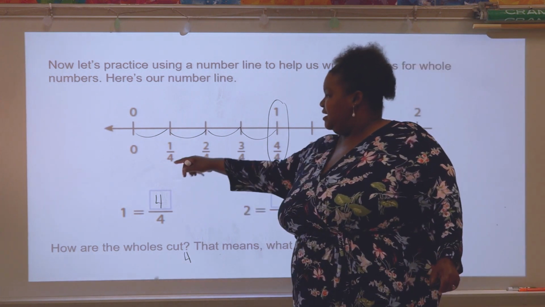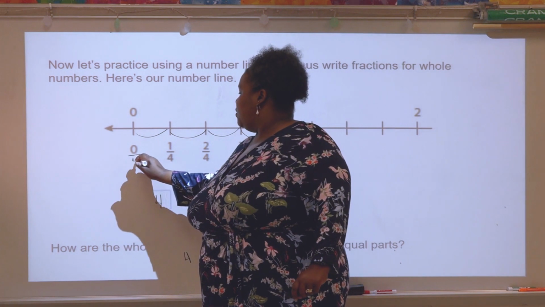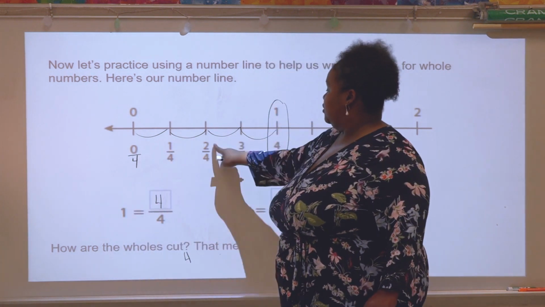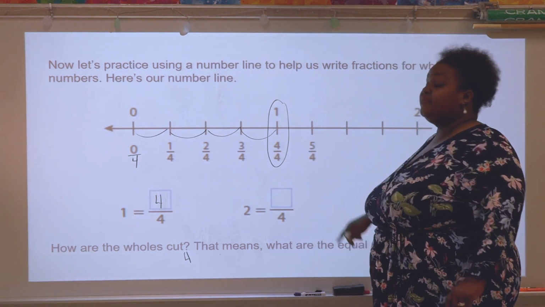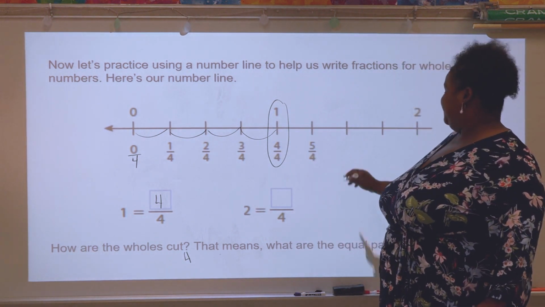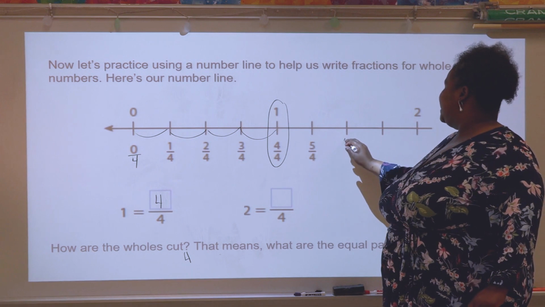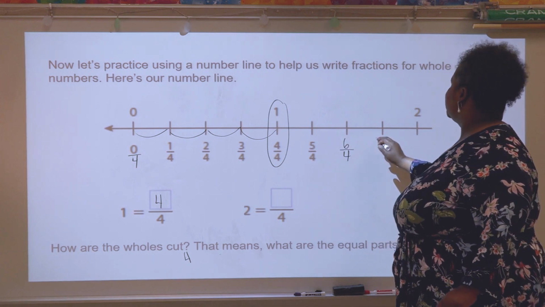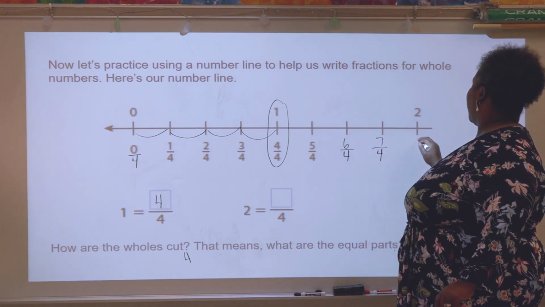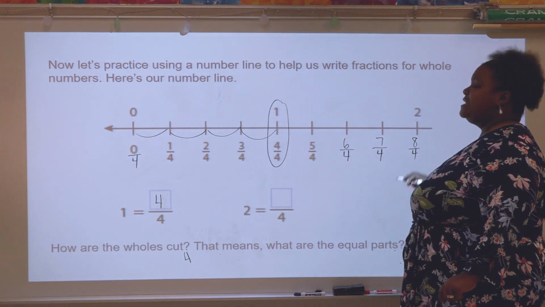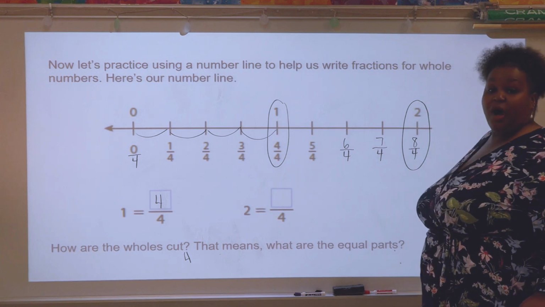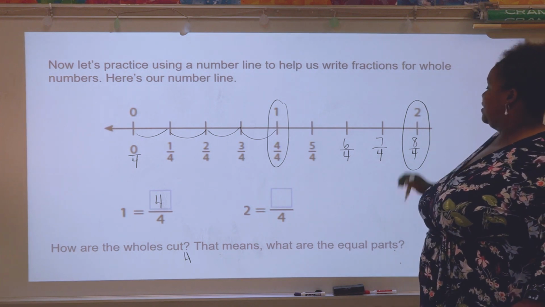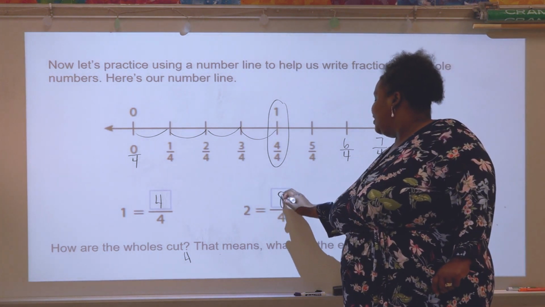So let's see. 0 fourths, 1 fourth, 2 fourths, 3 fourths, 4 fourths, 5 fourths. What would be next? I bet you're saying 6 fourths, 7 fourths, 8 fourths. Now I found another equivalent fraction to a whole number. 2 is equivalent to 8 fourths.